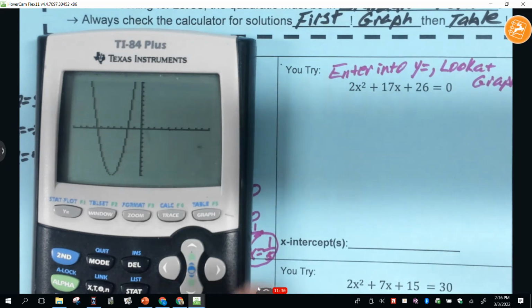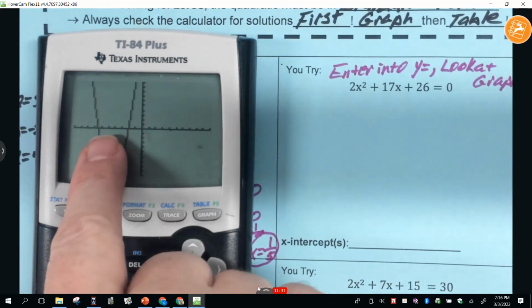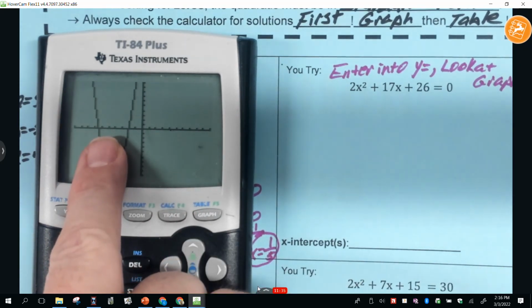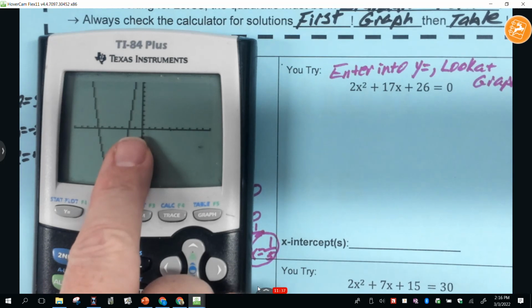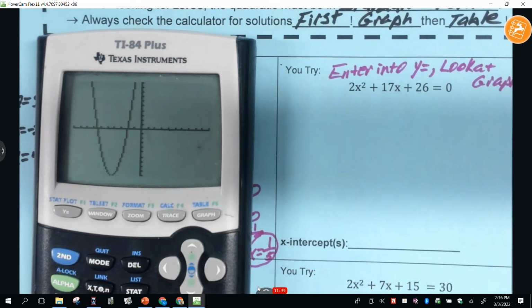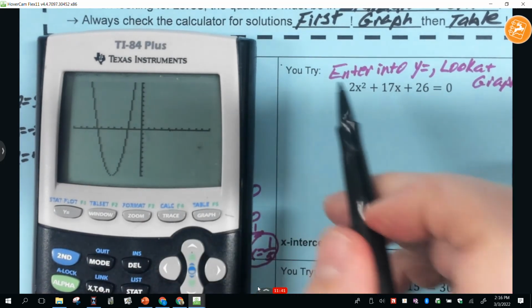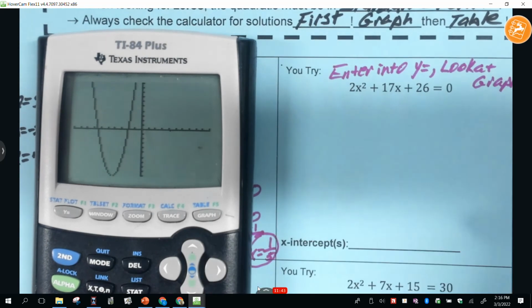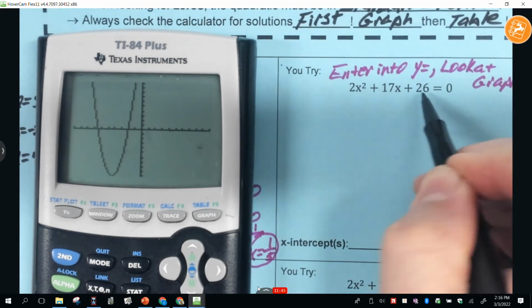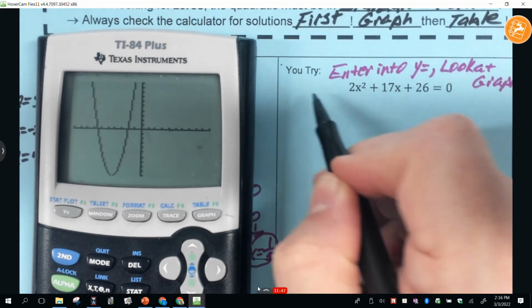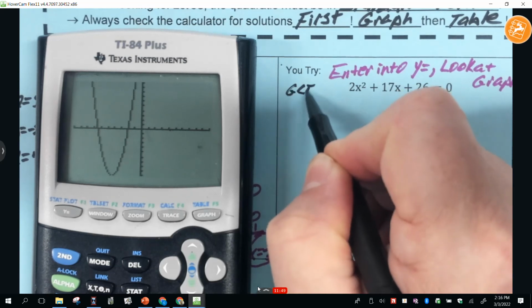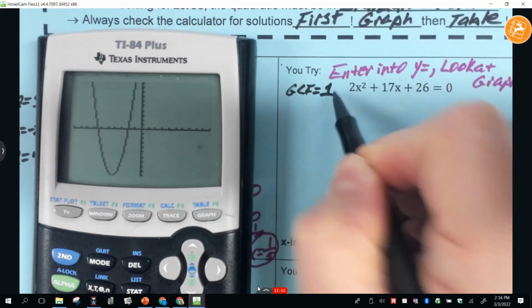Okay, and so you see that we still have solutions for this, okay? So we do have solutions, all right? So we want to go ahead and do the X box. So on this one, since this is a U try, I'm just going to set up the X box for you, okay? Now your GCF is going to be 1, okay?